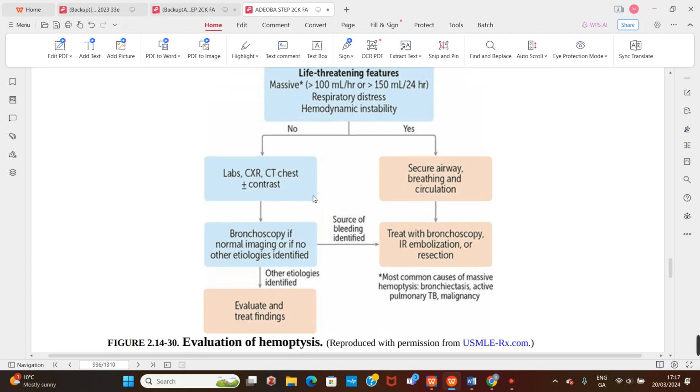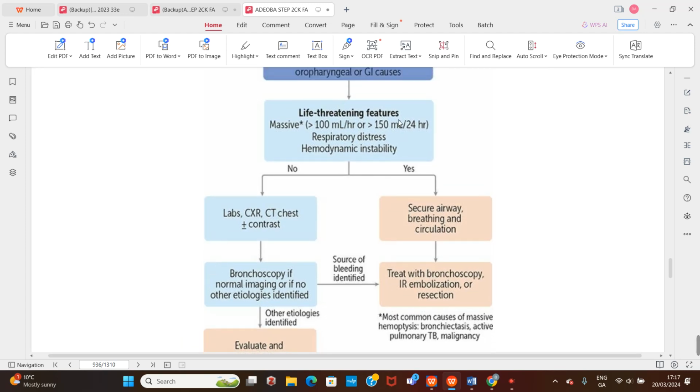Look at it. Life-threatening features: massive bleeding, respiratory distress, hemodynamic instability. If either one of them is present, you have to go through this approach. ABCD: secure the airway, breathing, circulation. The same thing I've said. Secure the airway, intubate, lateral decubitus to isolate the lung and preserve the functional lung.